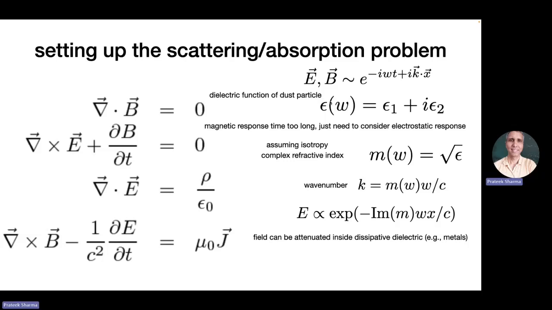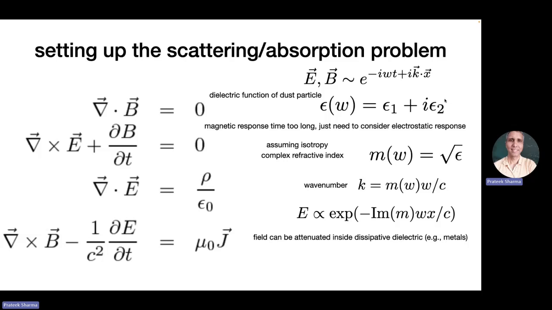And the response of this material is quantified through the dielectric function epsilon, which is a function of frequency, right? So it has a real part and an imaginary part. The real part is what we mostly deal with normally, through things like glass, which do not absorb. But metals have an imaginary part of the dielectric function, which causes the attenuation of radiation inside metals.